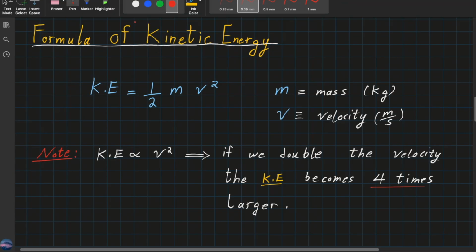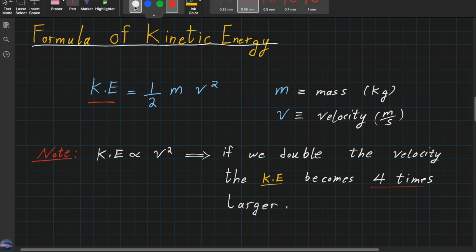Now, in order to compute kinetic energy we have the following formula, where for a particle of mass m measured in kilograms and velocity v measured in meters per second, the kinetic energy of the particle will equal half multiplied by the mass of the particle multiplied by the velocity or the speed squared.